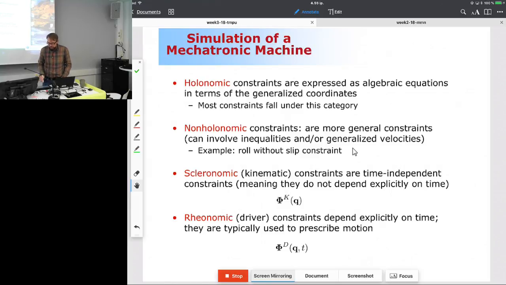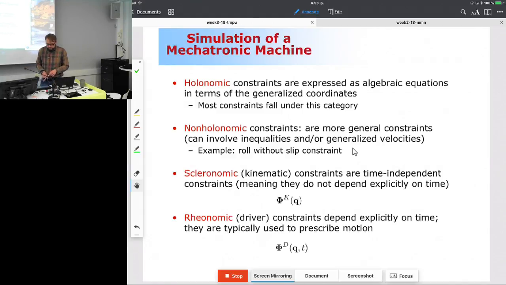Non-holonomic constraints involve inequalities or generalized velocities. When there is a constraint that tells how to roll without slipping, when a disk is rolling on a surface without slipping, that's a constraint you define by using a non-holonomic constraint. If you want to make a bicycle model, you need to deal with non-holonomic constraints.